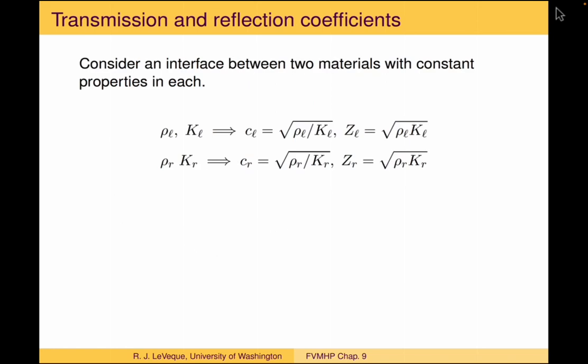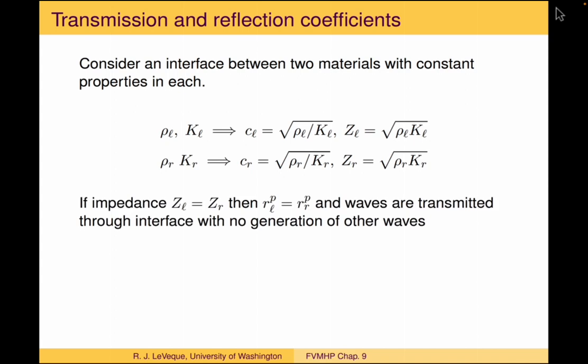Consider a domain where we have just one interface between two different materials, with constant properties in each. On the left side we have some density and bulk modulus rho_L and K_L, on the right side rho_R and K_R. If the impedances Z_L and Z_R are equal, then it turns out that waves are transmitted through the interface without any generation of other waves.